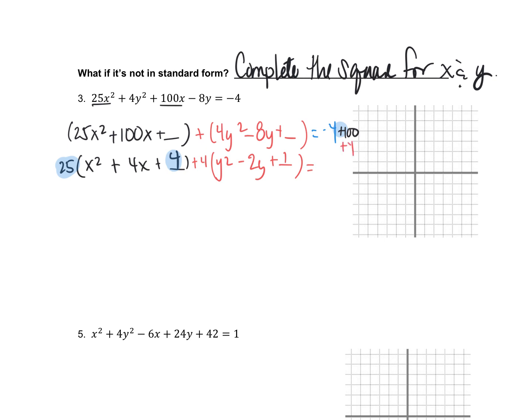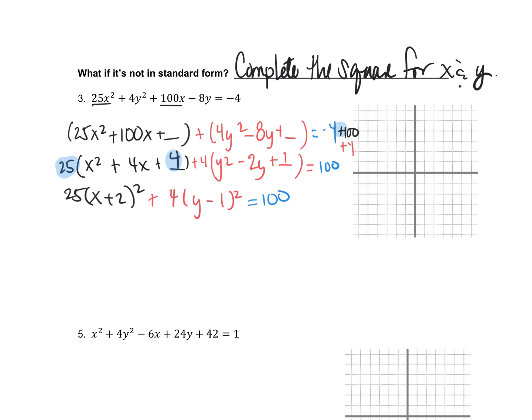So those 4's cancel, so I wind up with just a 100. So I'm going to just clean this up. So this is (x plus 2) quantity squared plus 4, and then we have (y minus 1) quantity squared, and that has to equal 100.